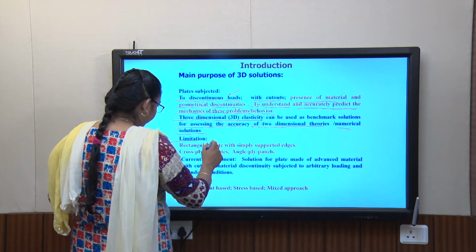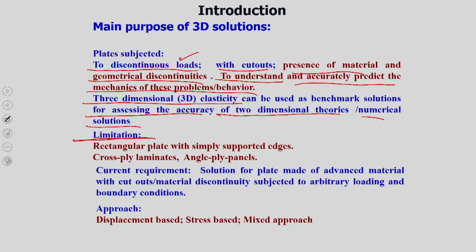So, till now in the literature you will find a rectangular plate with simply supported edges as is, similarly for the shell, and only for cross ply laminates or angle ply panels, not plates. So, basically for arbitrary shapes, you may have a pentagonal plate, you may have a triangular plate, we do not have a 3-dimensional solution for that.